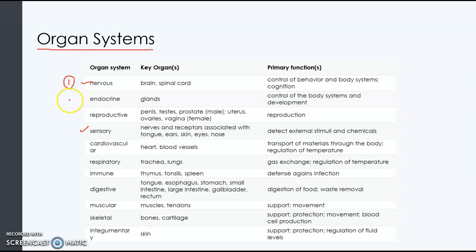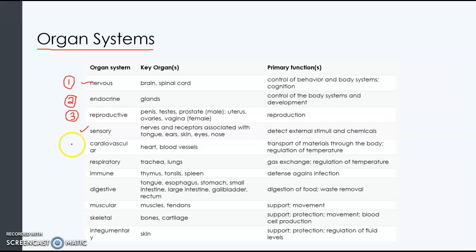Then the endocrine system consists of glands that produce hormones. The reproductive system, male and female, consists of gonads, which are ovaries and testes, and other reproductive organs.